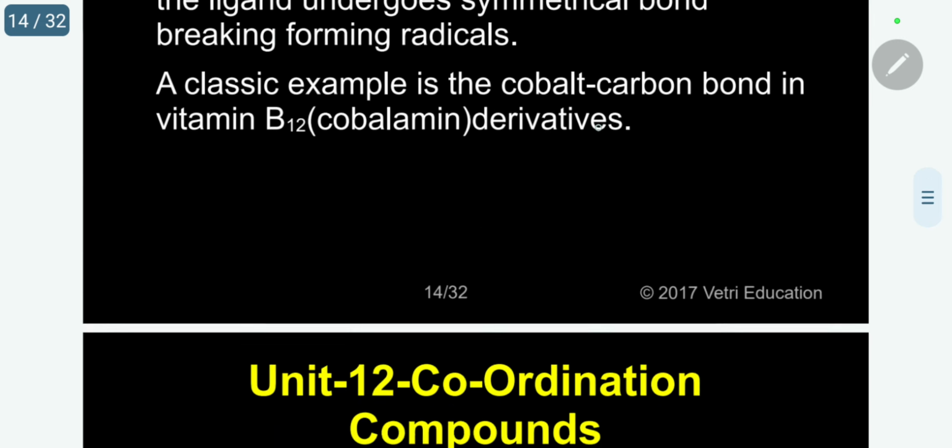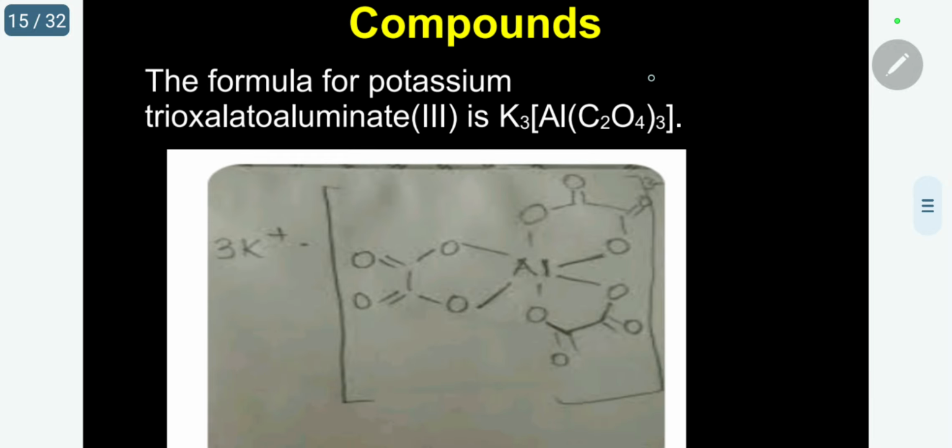Kindly follow. So a specific example I want to give here: the formula for potassium trioxalatoaluminate 3 is K3[Al(C2O4)3]. C2O4 is the ligand, so these three ligands are identical.